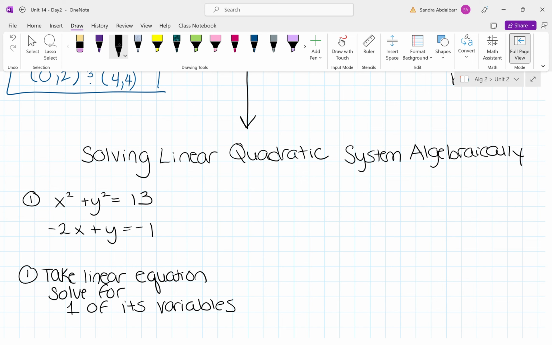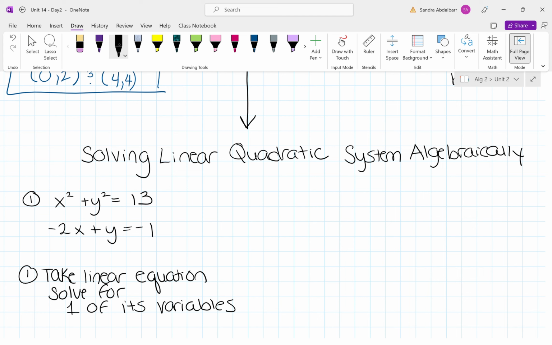Could you do elimination? Elimination would be really difficult because you're in different modes. One is degree of 2, the other's degree of 1. Because they're dealing with different degrees, substitution is by far the easier method.